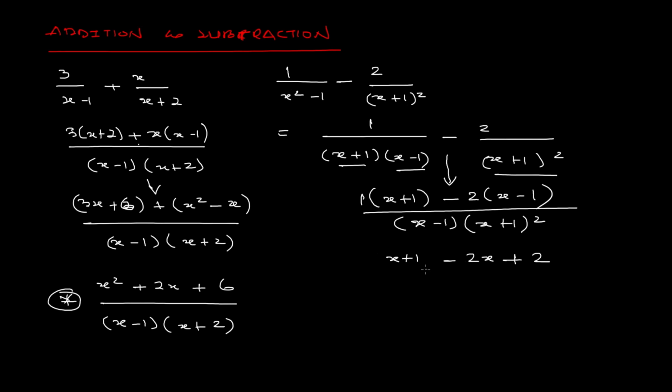So now what do you do? You maintain your divisor here. So what happens here? I subtract this and that, and then I add this and that. But I have to be careful because this will give me a negative x.